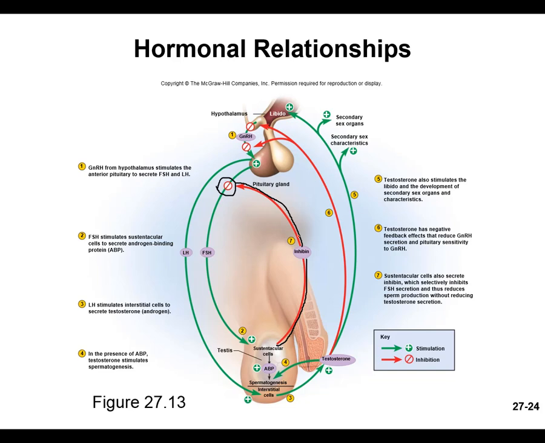The importance of this is that if we've got good sperm production and we don't need more, we can stop follicle-stimulating hormone, so then the sustentacular cells reduce the production of androgen-binding protein. There's less testosterone that's kept around the seminiferous tubules, and so we can lower the sperm production and say, okay, we've got enough.